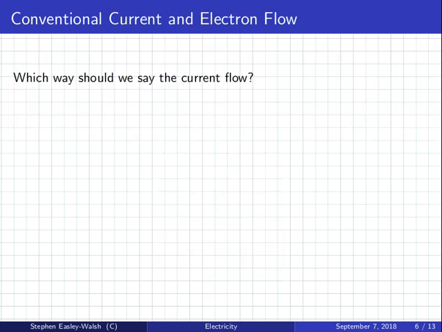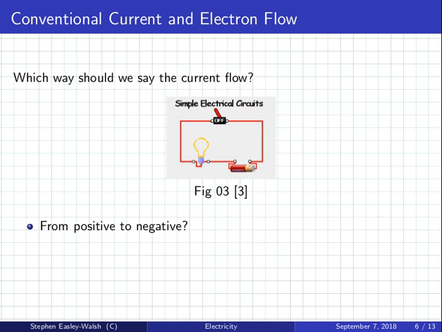Okay. Now, which way should we say the current flows? If you look at this picture, I turn on the switch and the electricity flows and the light bulb goes on.